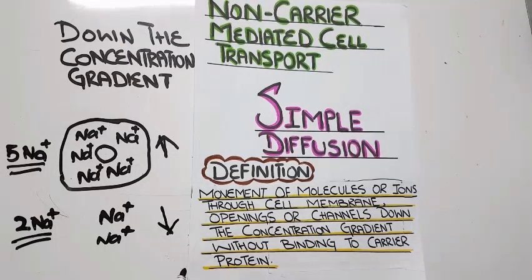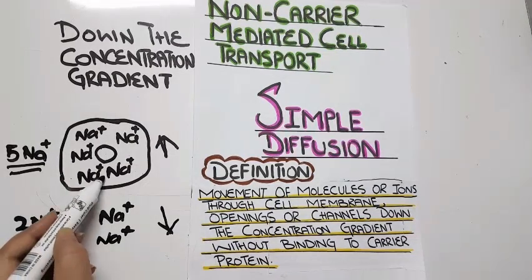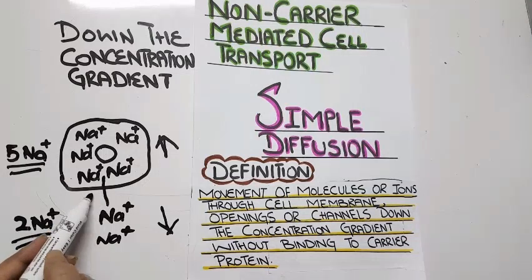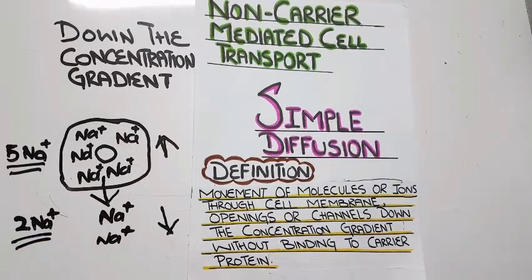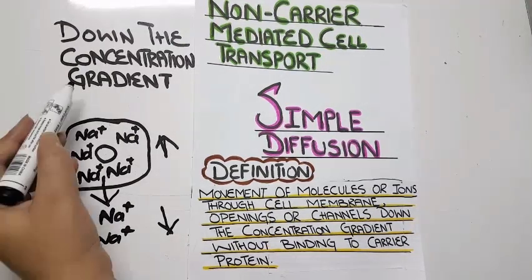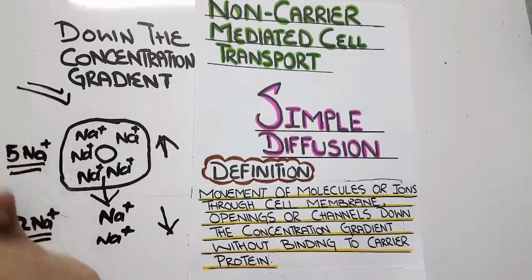So the sodium ions will diffuse from inside the cell towards the outside of the cell, and this whole phenomenon is called down the concentration gradient.